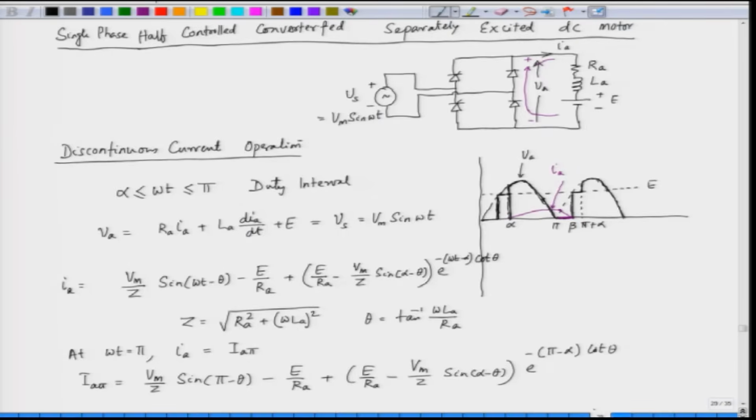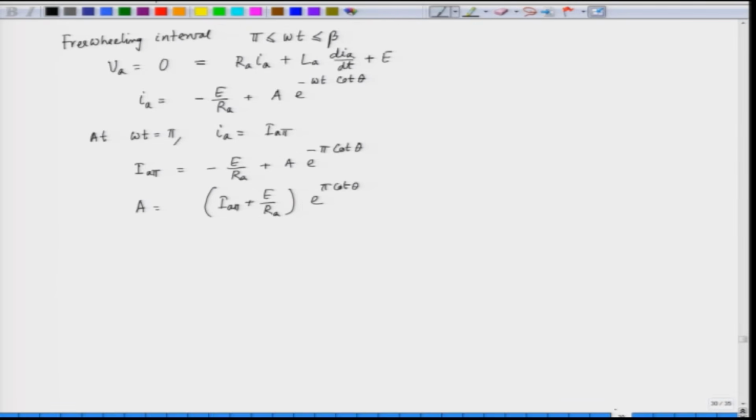We can substitute this value in the previous equation. Let us call the earlier one equation 1, this equation 2, this equation 3, and this equation 4. We substitute the value of A in equation 3.